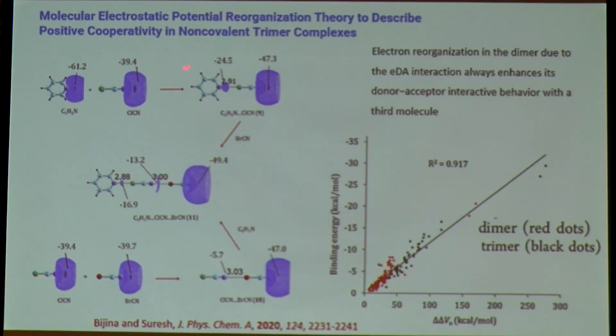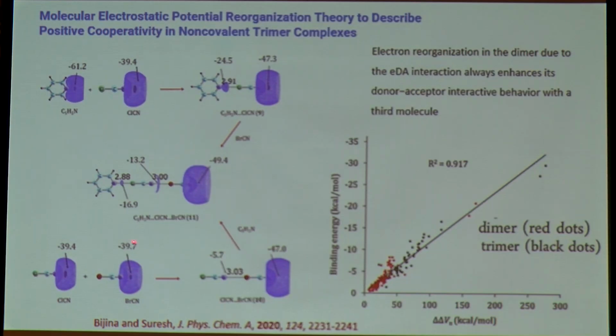Now to this dimer, cyanogen bromide is interacting. This nitrogen lone pair is now donating to the bromine center. So in the dimer, this nitrogen is more donating towards this bromine. So this interaction should be stronger compared to this interaction.